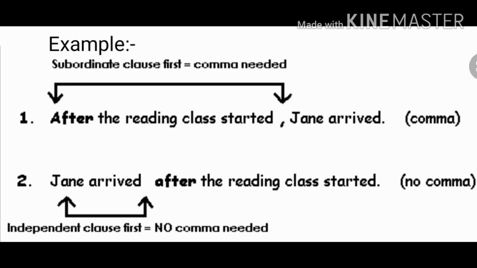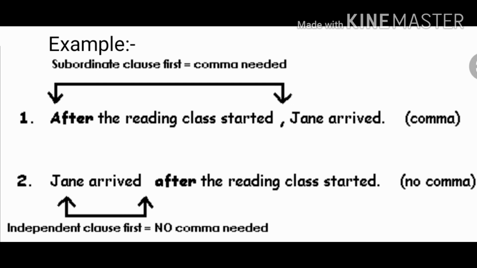Look at the example of a subordinate clause. After the reading class started, Jane arrived. Look at the second sentence. Jane arrived after the reading class started. In the first sentence, we have written the subordinate clause at the start of the sentence, so we separate the main clause with a comma, and in the second sentence we write the main clause at the start and the subordinate clause at the end, so we have not used the comma.